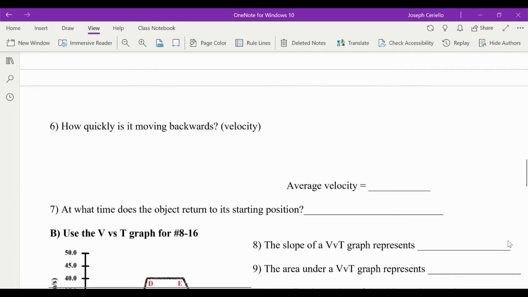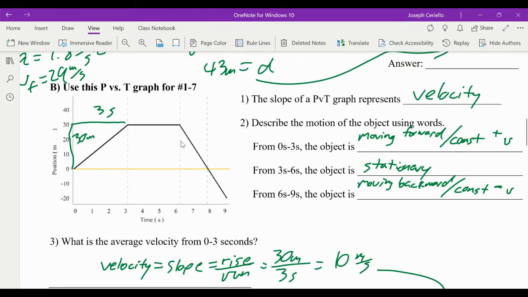How quickly is it moving backwards? So find the velocity. So we have to find the slope here. There's a few ways to do this. Some people found the slope going all the way down to here. You can do that, but it's a little hard to tell where this lines up with the negative 20. So what I like to do is just use the slope here. The slope is constant. You find it one place, you found it everywhere in this section. So this is 2 seconds about, might be a little less.